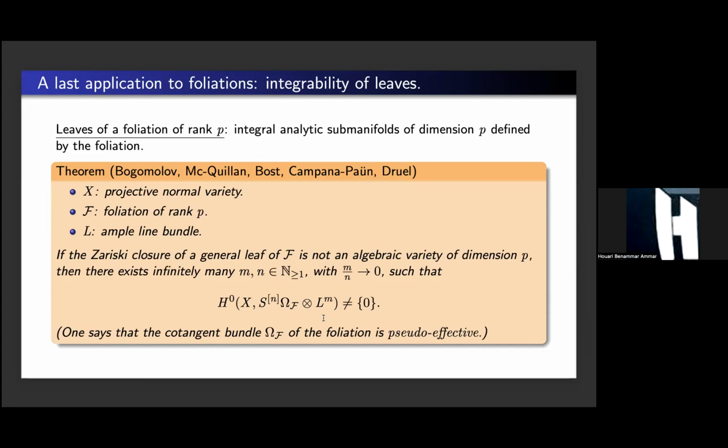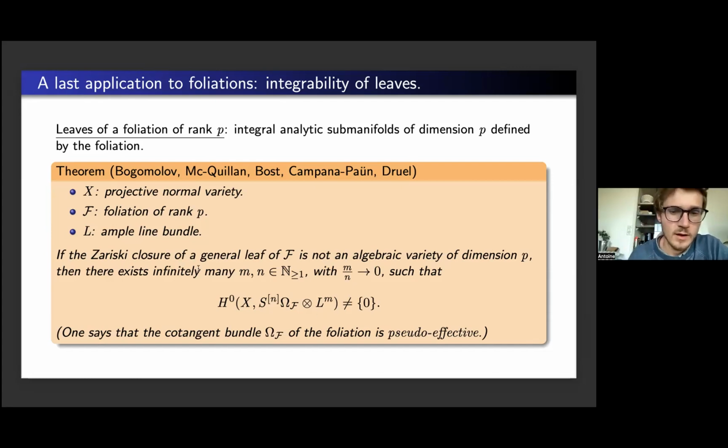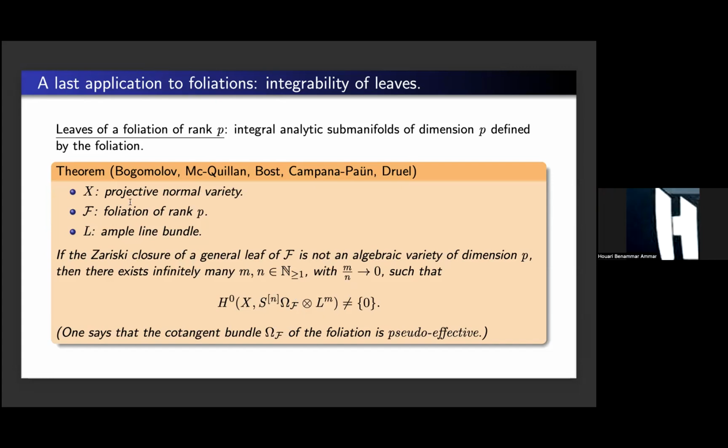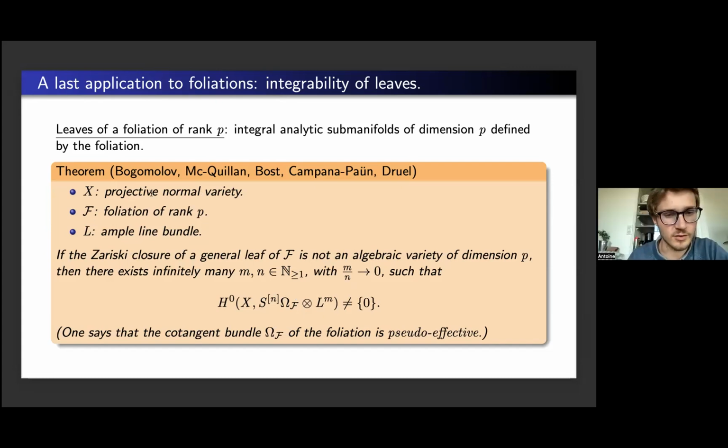Yes, but here we have to take this artifice, the reflexive, because this is not a vector bundle; it's a coherent sheaf which is reflexive. I see. So suppose that it is a vector bundle. Being effective only means that a certain symmetric power of the vector bundle has a global section. Okay. This is the definition of effectivity.